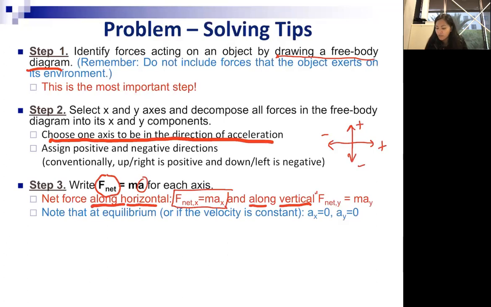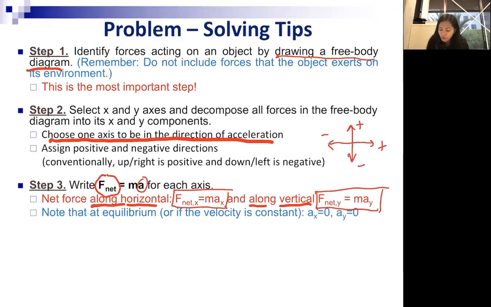Independently from the net force along the vertical, or along the y-axis. So you independently get the net force along the horizontal, find the acceleration along the horizontal because of that net force, and then independently get the net force along the vertical, and then get the acceleration along the vertical because of that net force.